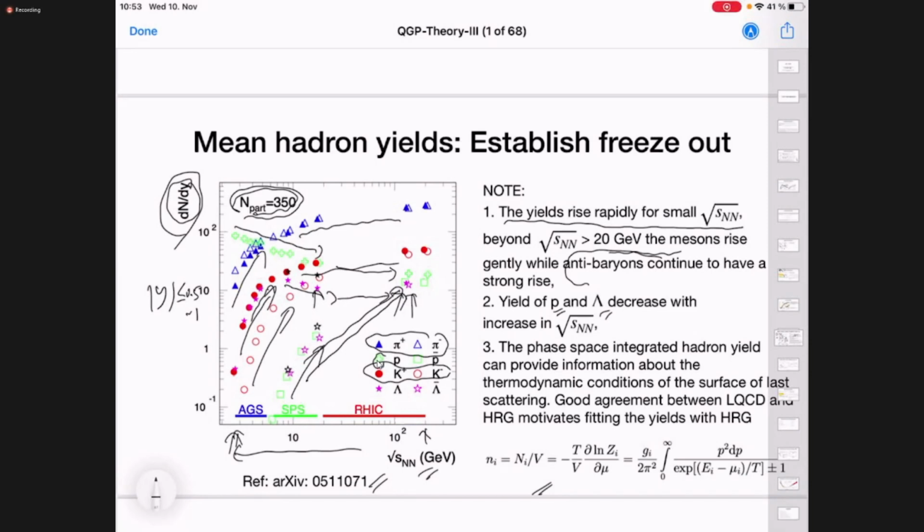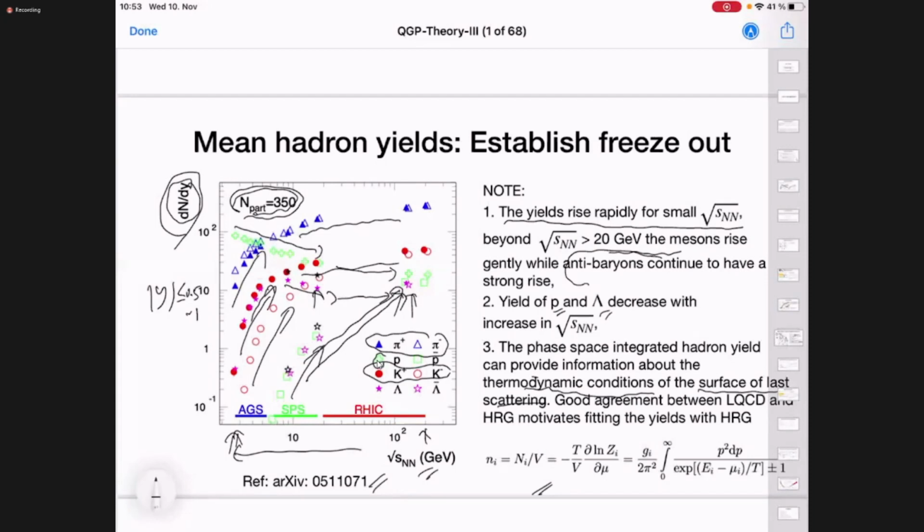So these phase-space integrated hadron yields can provide information about the thermodynamic conditions. If you assume that the fireball is always perfectly in thermal and chemical equilibrium, then the only thermodynamic state that you can hope to access is the surface of last scattering.